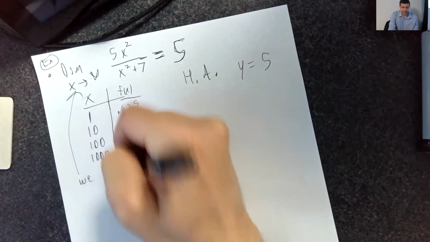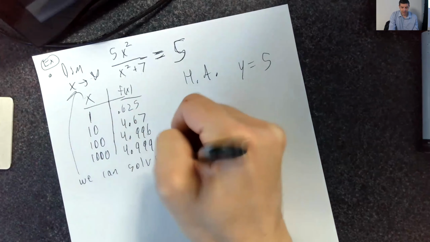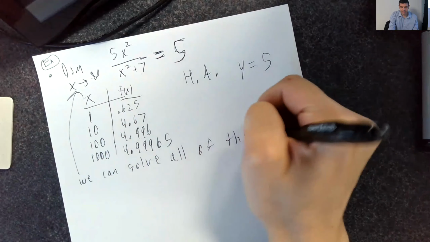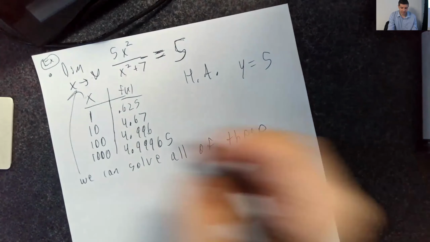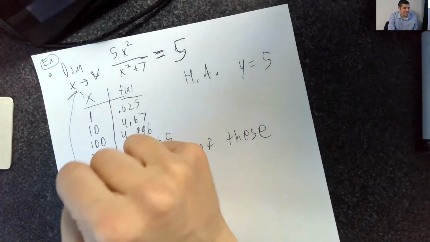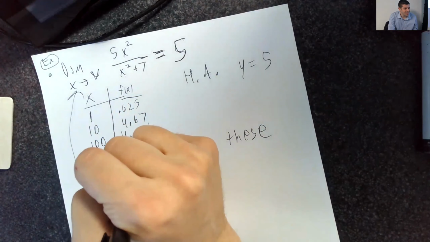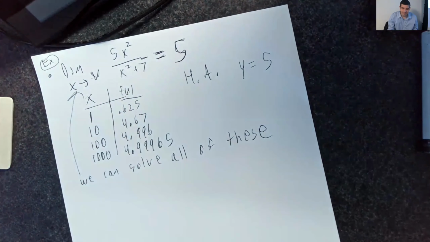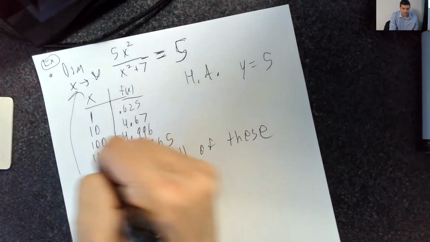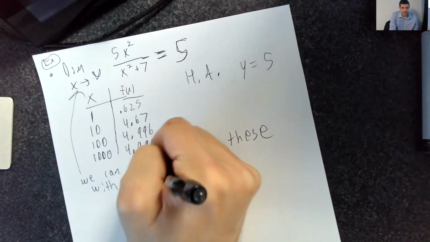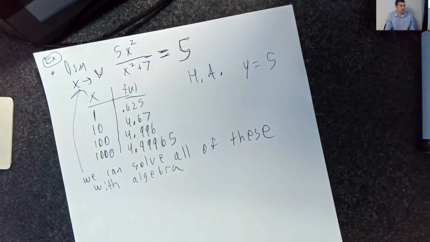We can solve all of these, any example that I show you, with algebra. You could just do all of them with algebra. I won't say it's a lot of algebra, but we could do this really quickly. Okay.